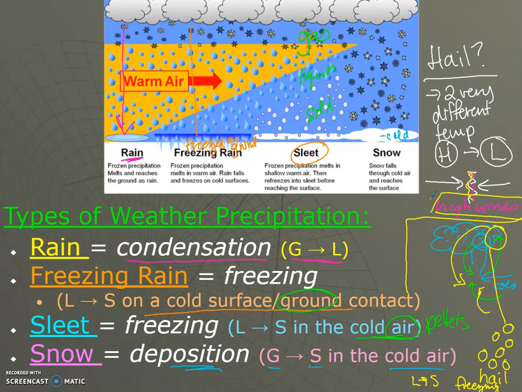It breaks lots and lots of different kinds of car windows and can make damage and hurt people. All right, so hail is definitely a super baddie. But that is the difference between hail, rain, freezing rain, sleet, and snow, according to our states of matter.